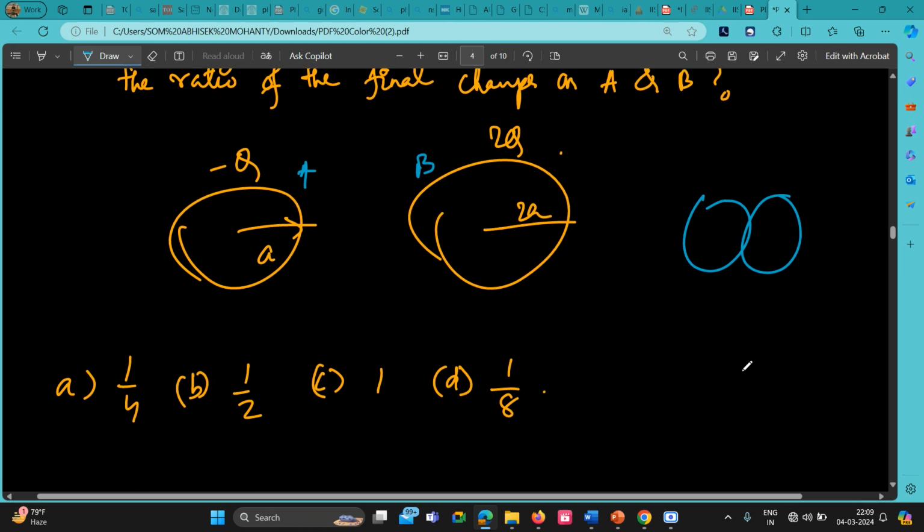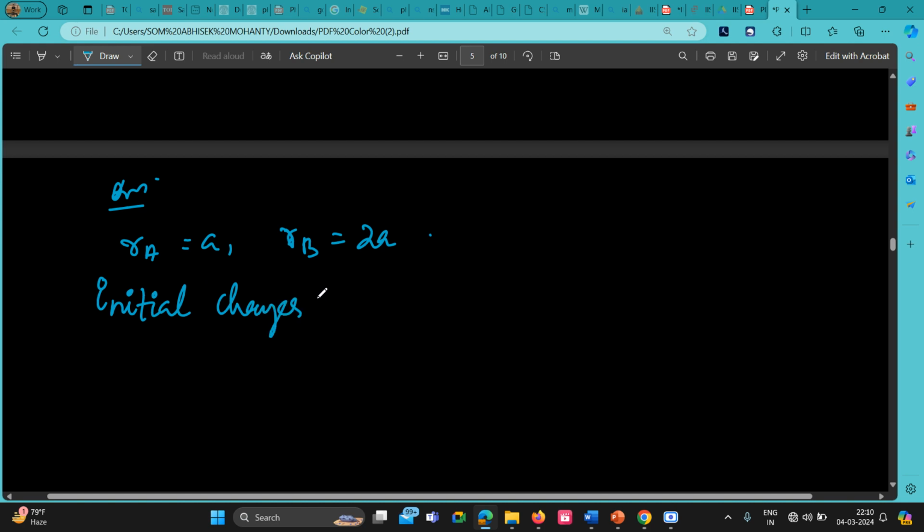Let's first write down all the data that is given to us. RA is equal to A, RB is equal to 2A. And the initial charges: minus Q on A and 2Q on B.